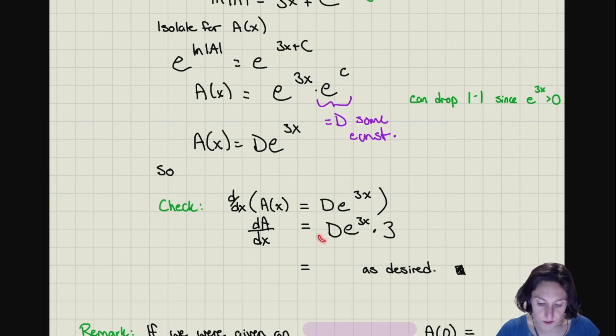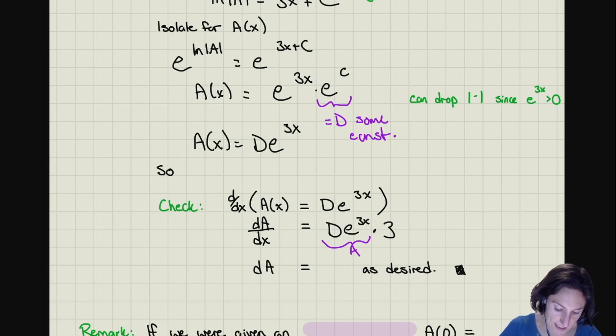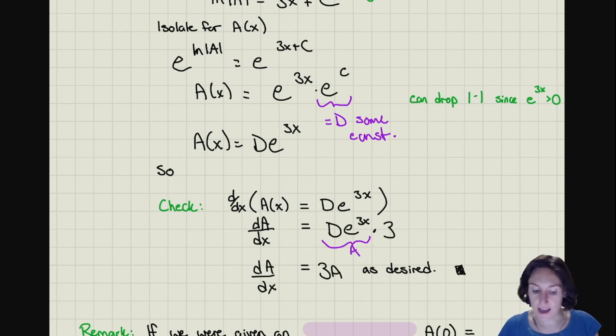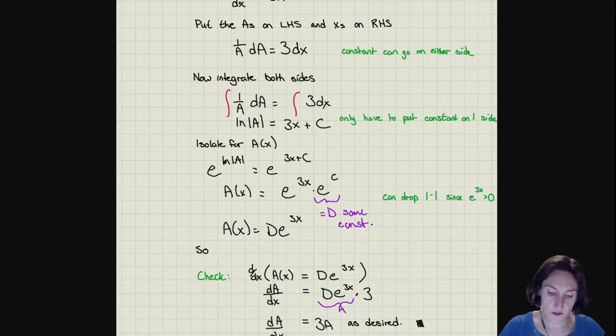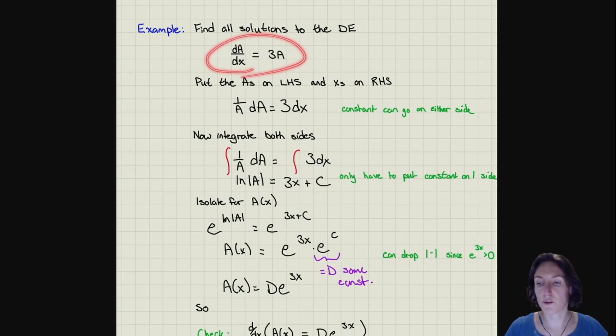But what is this D e to the 3x? Well, that's what our A is. So this part right here is A, and so I get dA dx is equal to 3A. And this is exactly what I started with.